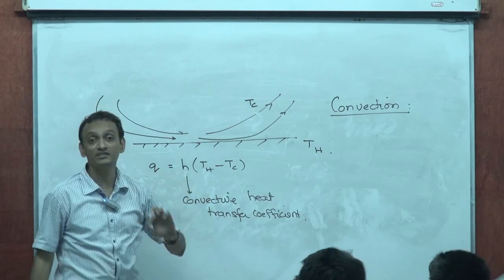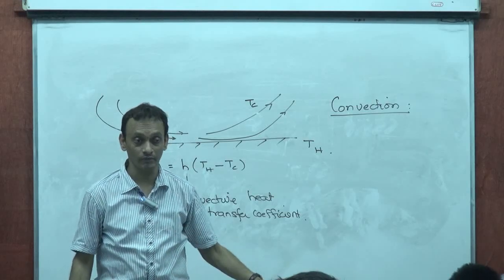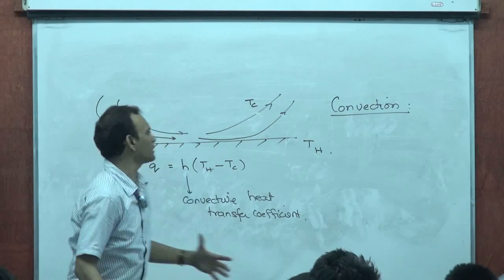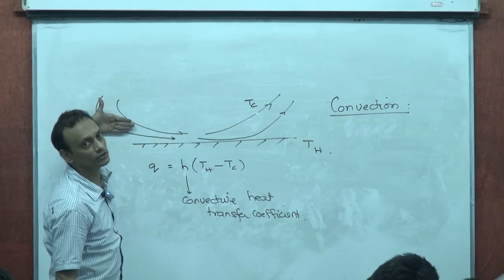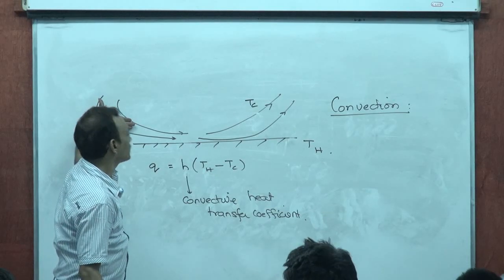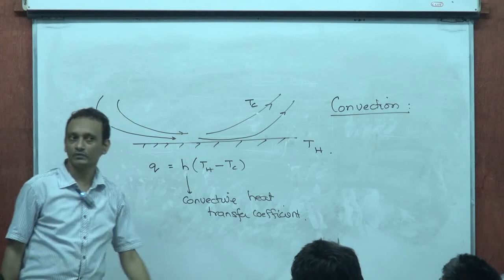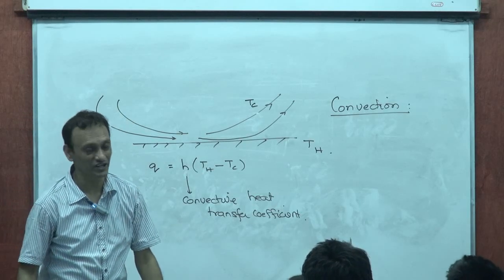This problem of convective heat transfer is very involved. Like I said, it will depend on all the properties of this fluid. Yes, it will depend on the thermal properties as well as other properties of this fluid. Everything. So then, it's really complicated.